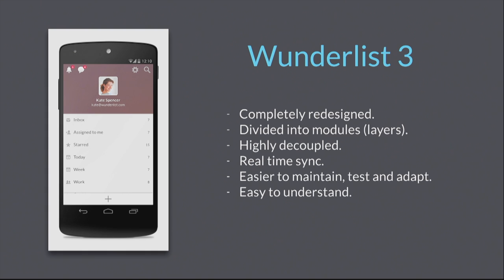So we divided the app into modules, into layers, to separate much better the main important things of the app. This is the app that we actually have in production in the different stores. The most important feature when we released Wunderlist 3 was the real-time synchronization.